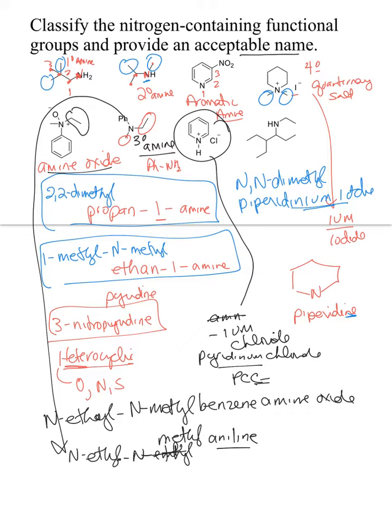And this one here, you see the nitrogen is bonded to 2 carbons. That makes it a secondary amine. You find your longest chain, including the nitrogen: 1, 2, 3, 4, 5, 6. 6 is hexane, drop the E, 3-amine.